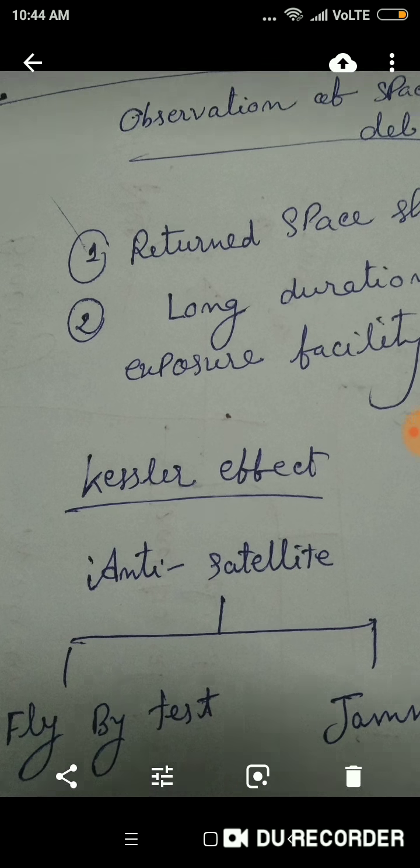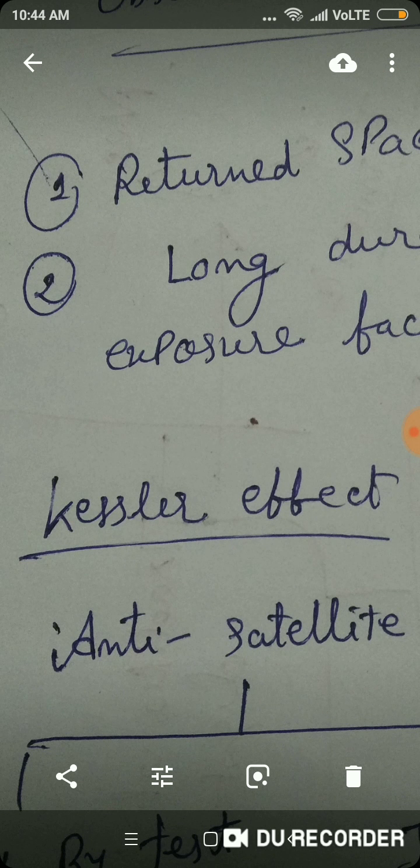And one most important point you might face in prelims and mains is the Kessler effect. If you have watched the movie Gravity, then you are very familiar with the Kessler effect. What is the Kessler effect?